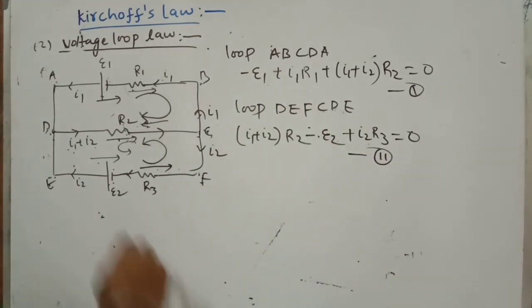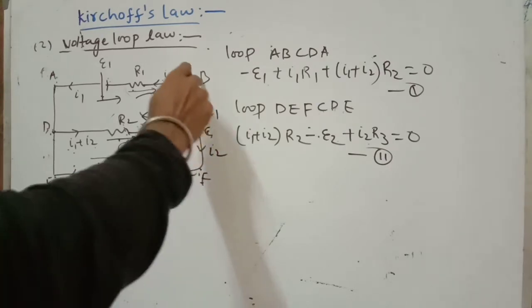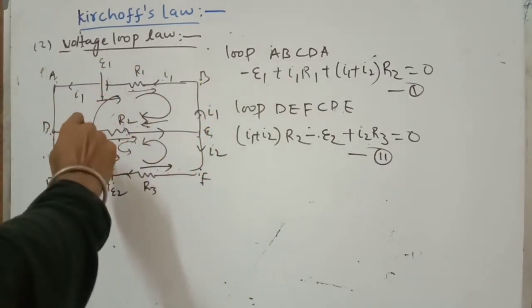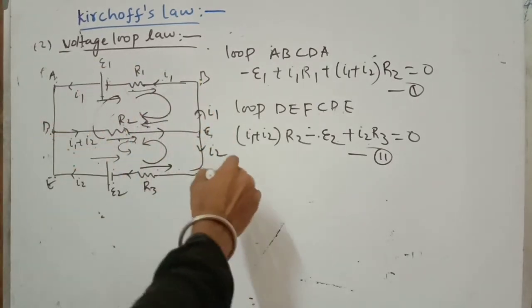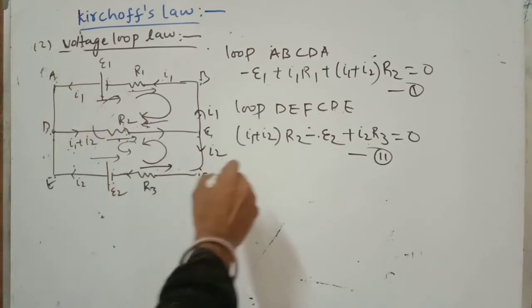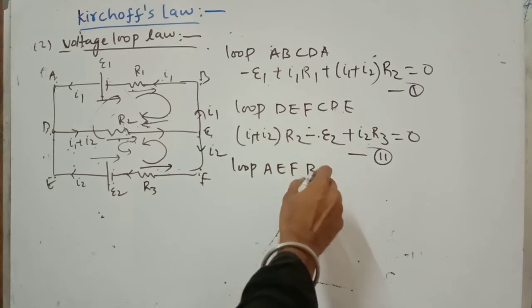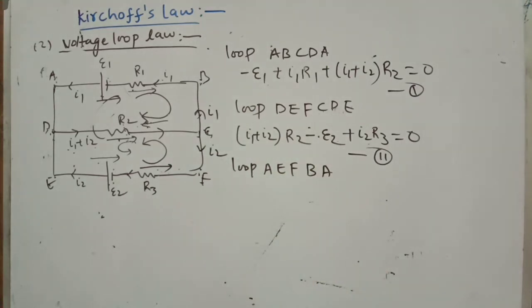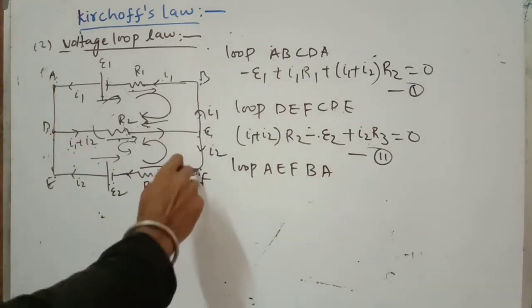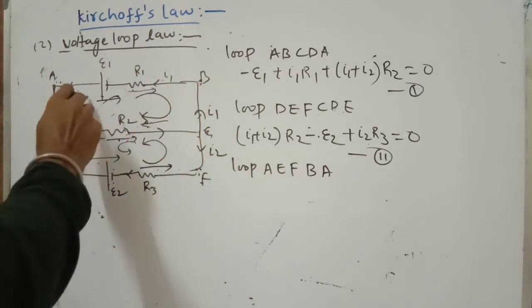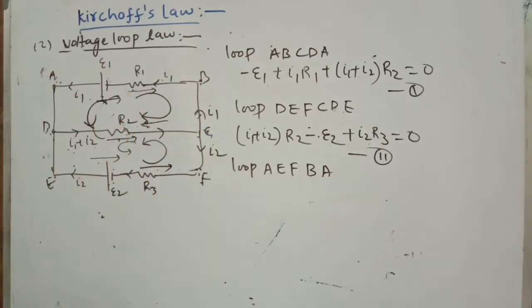We can also take the large loop A, E, F, B, A. So let another loop we consider be A, E, F, B, A. My considered direction is this one, that means anticlockwise.